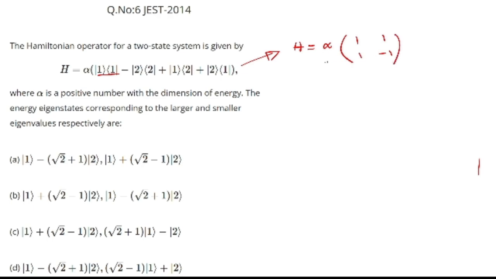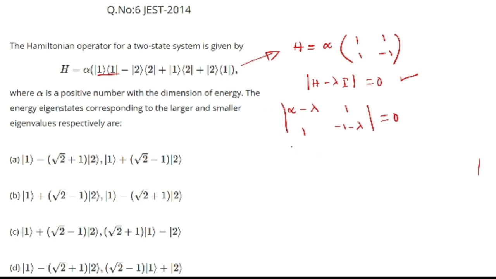From here we have to find the eigenvalues. So determinant of H minus lambda I equals 0, the characteristic equation. Simply, alpha minus lambda, 1, 1, minus 1 minus lambda, determinant equals 0.